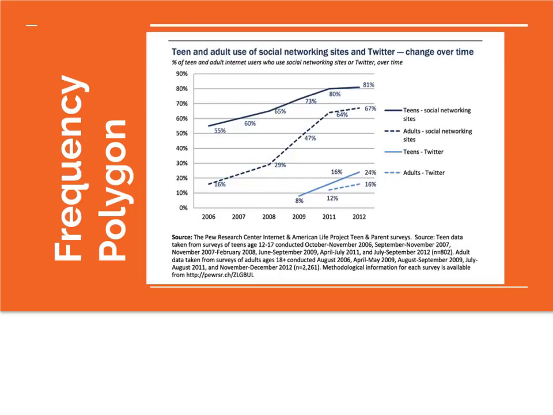So then the dotted line is adults using social networking and teens using social networking. The lighter blue continuous line is teens that use Twitter, and the lighter dotted line is the same thing with adults using Twitter.